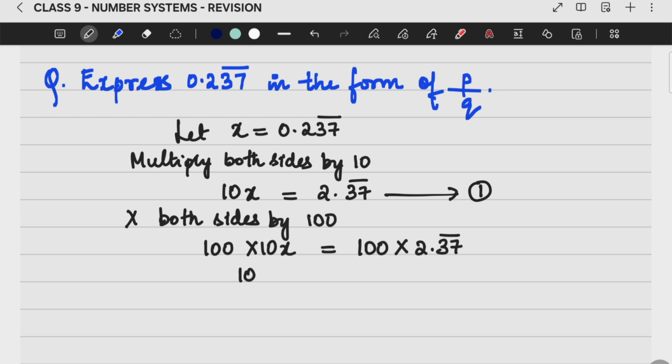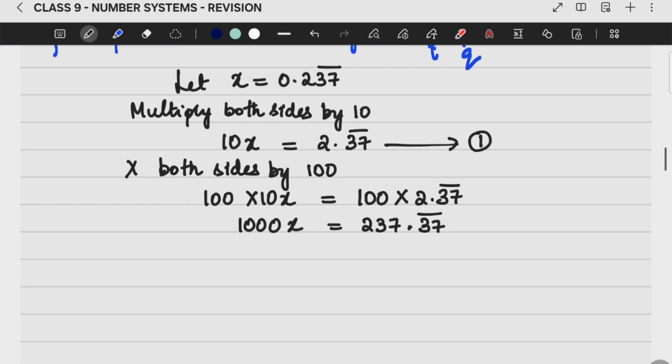So here you will have LHS equal to 1000x is equal to, what will you have? When you're multiplying, you have to shift 2 decimal places to the right. Now it will be 237.37 bar. Now this will be equation 2.